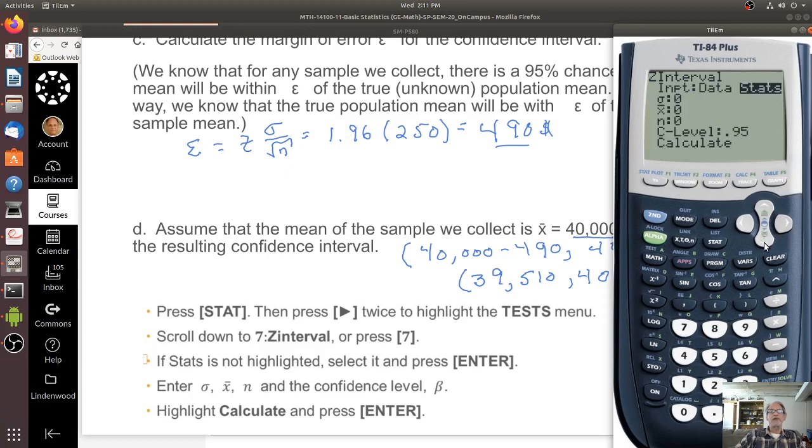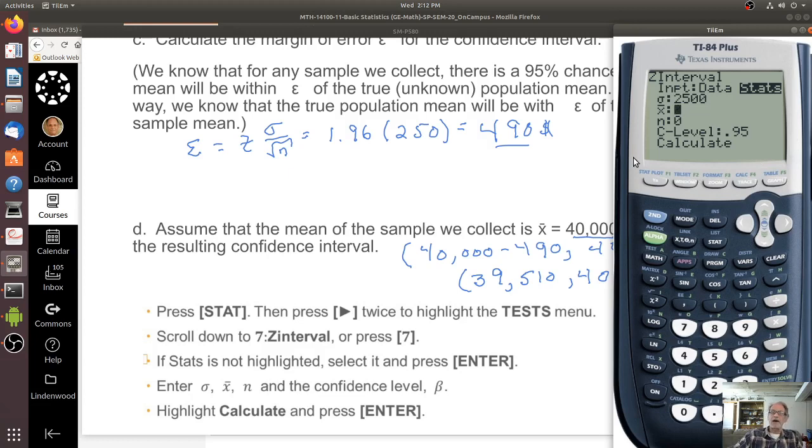It says either data or stats. If stats is not highlighted, select it and press enter. Now they're asking for sigma. So the calculator knows that if you're using z-stats, you've got to know what sigma is. You've got to be given that in the problem, and that was 2,500. Once again, if you have an older version of this calculator, you might have to put the data in, separated by commas. What was X bar?